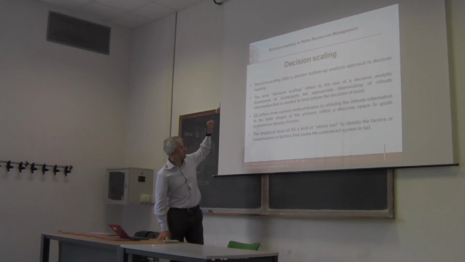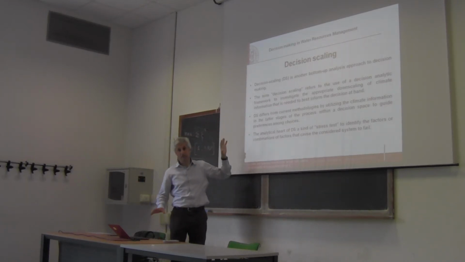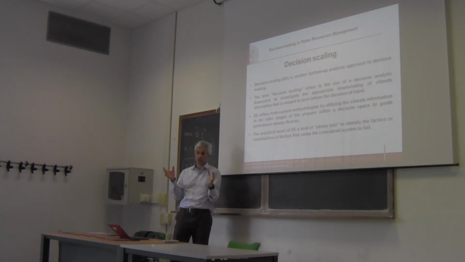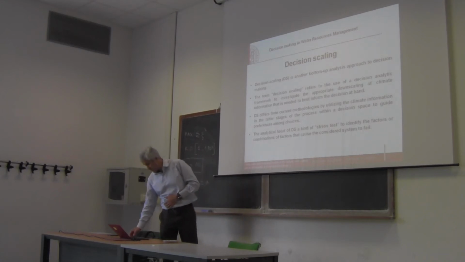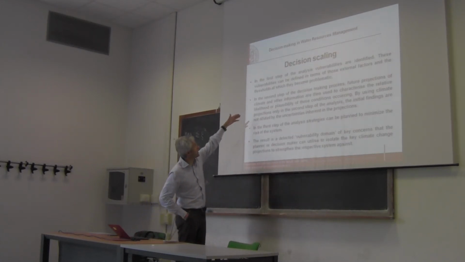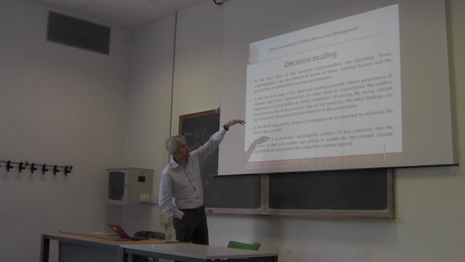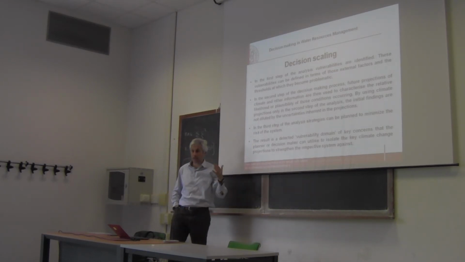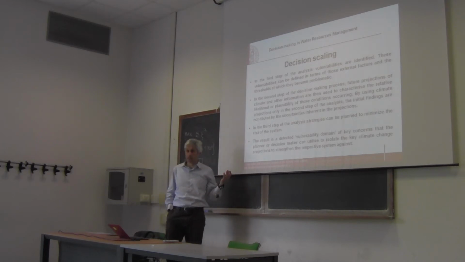Decision scaling starts with the analysis of the vulnerabilities of the systems. So what are the conditions that bring the system to fail? Any alternative to fail? So in the first step, the vulnerabilities are identified, and they can be defined in terms of the external factors and the thresholds at which a situation becomes problematic.